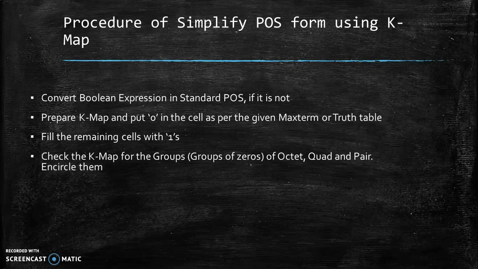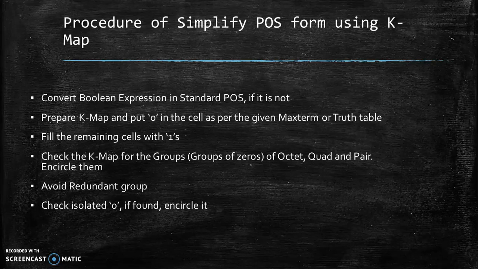After representing our max terms with zeros, check the K-map for groups. Again remember that we have to prepare groups of zeros, a group of octet if possible. If octet is not possible, then quad or pair, and then we have to encircle it. Avoid a redundant group. Check isolated 0.